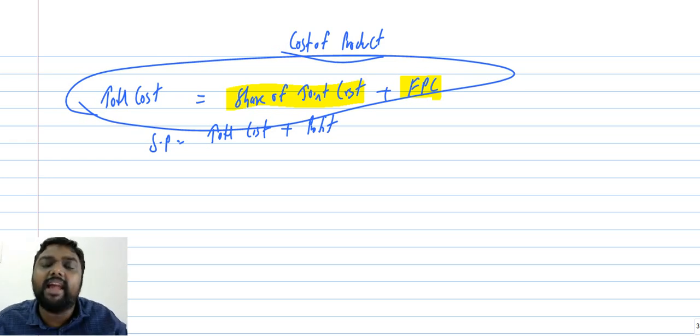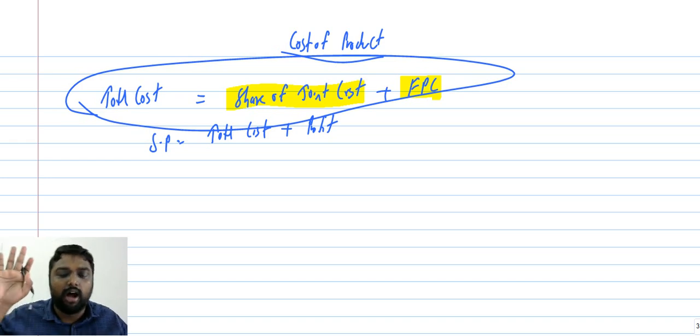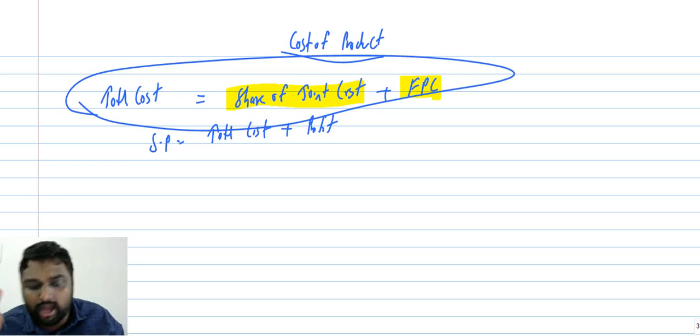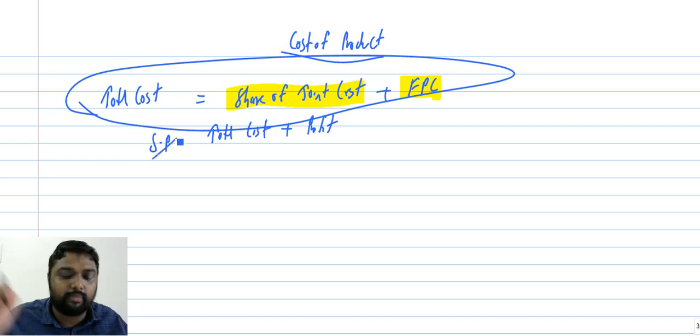So any expense after the product gets its individual identity is called further process cost. Simply, cost after split off. Are you clear? Then we said that selling price will be nothing but total cost plus profit.